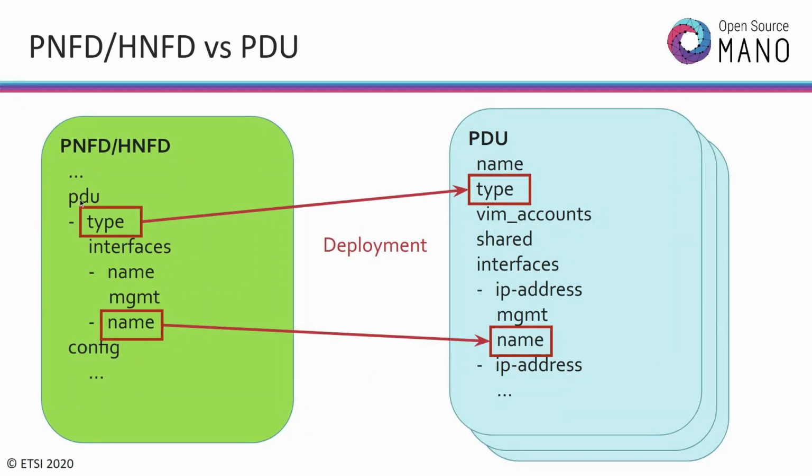So it has a PDU type and some interfaces and names of the interfaces. And when I deploy, I obtain these instances of a PNF. So the PDU, which is the instance, has a type, it's associated to a VIM account, has interfaces, so that the types in the PNF descriptor and the PDU descriptor should match.